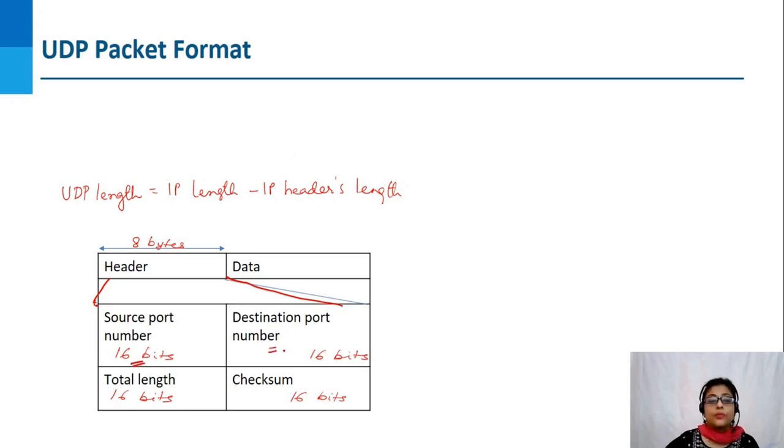The destination port number is also of 16 bits. Since these are of 16 bits, we can have ports from 0 through 65,535. The total length is of 16 bits. It consists of the header plus the data part, and the checksum is also of 16 bits. It's mainly used for error checking.